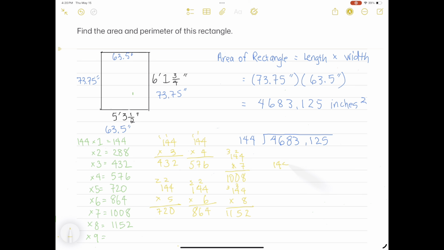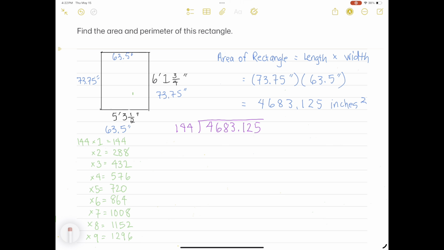I'll switch colors on the division problem so it will be clearer. And I begin. 144 goes into 468 exactly 3 times. Write 3 on the quotient line above 8. 3 times 144 equals 432. I subtract. 468 minus 432 equals 36. Bring down the next digit, 3. 144 goes into 363 2 times.